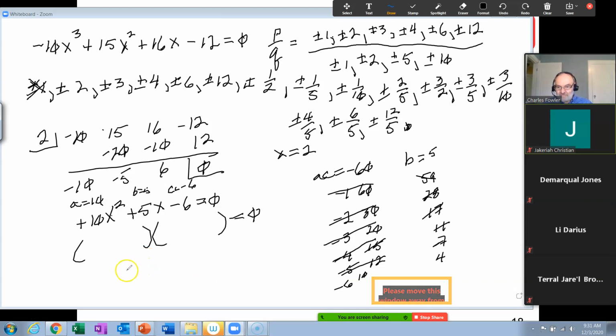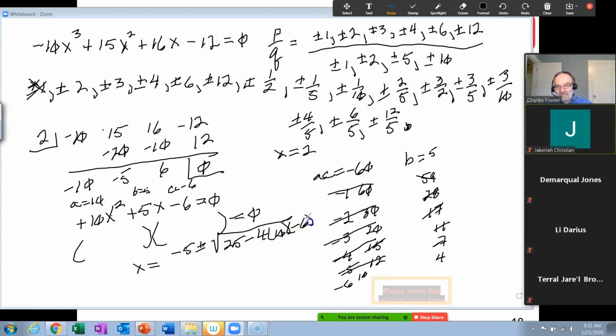That will be x is equal to minus b, and we can use either this one or the one we had to begin with. That would be a minus 5 plus or minus the square root of b squared, which is 25, minus 4 times a, which is 10, big numbers here, times c, which is minus 6.